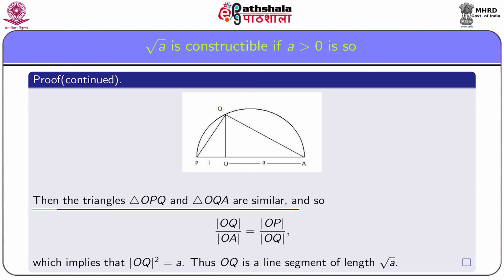Thus, triangle OPQ and triangle OQA are similar angled triangles, and so we have the length of OQ by the length of OA is equal to length of OP by length of OQ, which implies that the length of OQ square is equal to A, and hence OQ becomes a line segment of length root over A. This shows that root over A is a constructible real number.